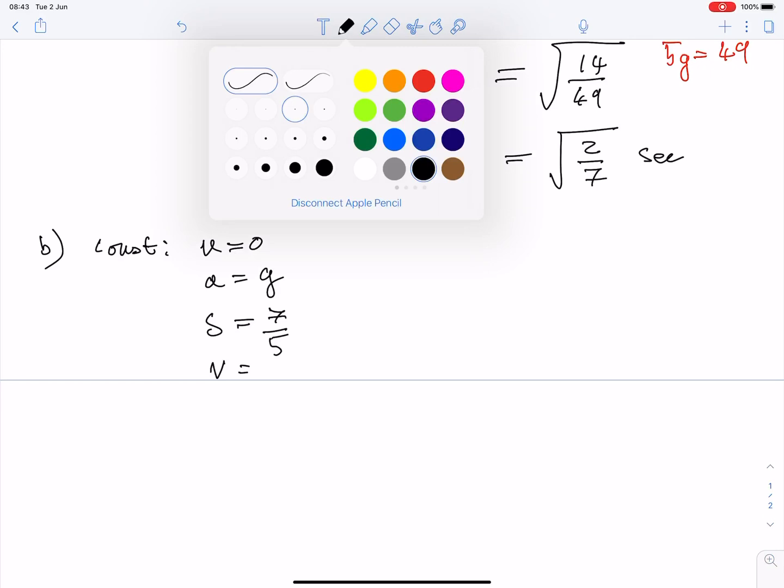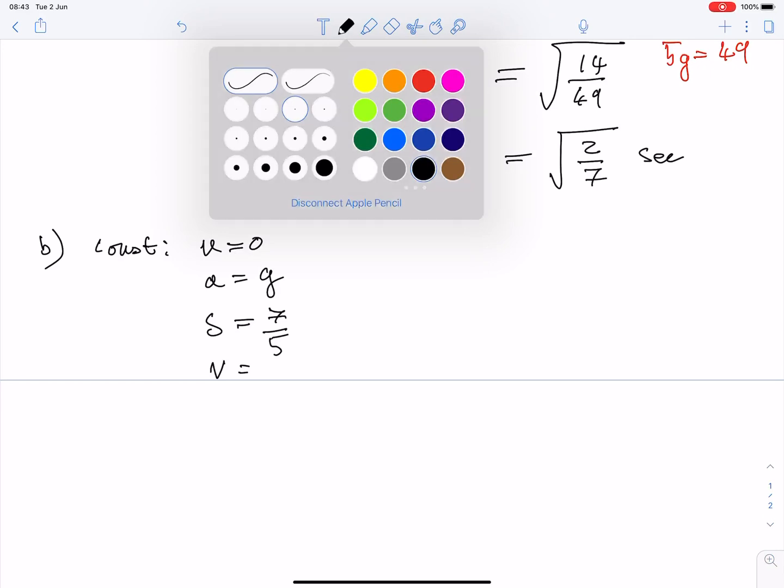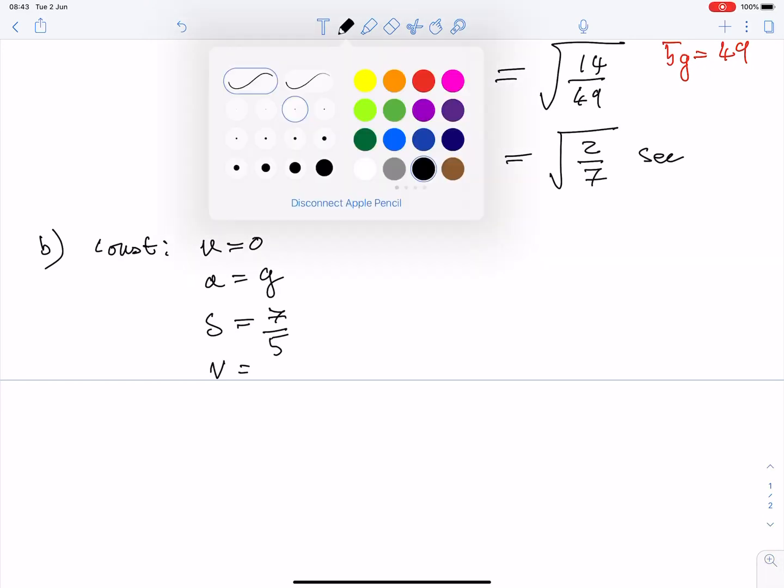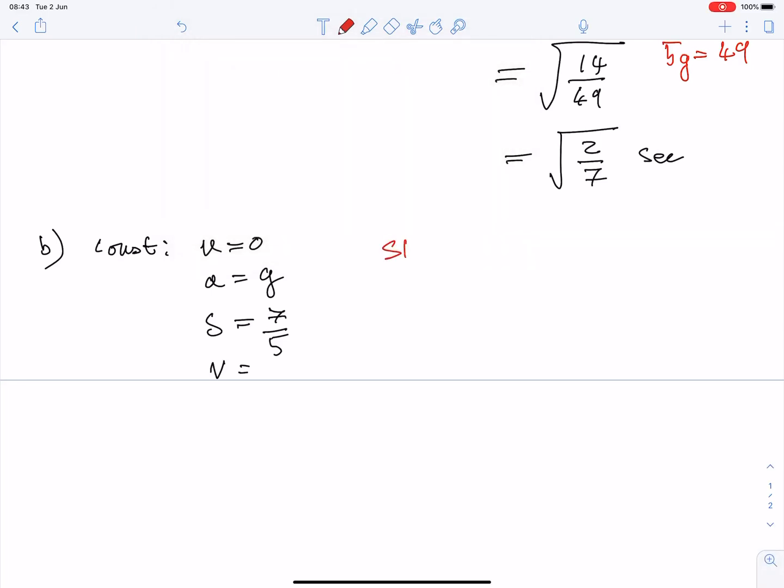So we go into our state, sub, solve phase. We look at the letters u, a, s and v, and I hope you can now recall the right equation for that, because you've learnt them. v squared equals u squared plus 2as is the one without t in.